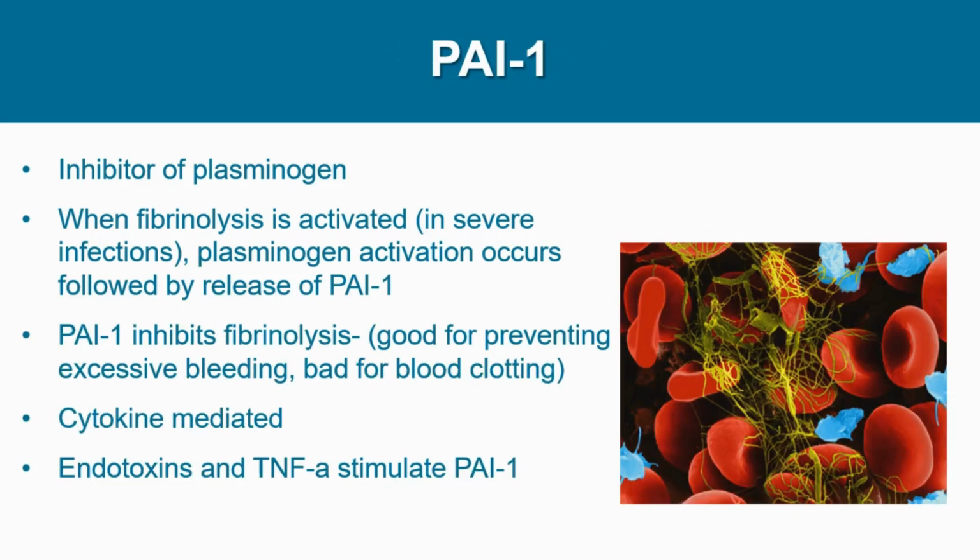So plasminogen activator inhibitor 1 is the inhibitor of plasminogen, and it terminates the catalytic activity of TPA by binding to it, and the liver is also involved. It's removed from circulation by the liver. But the biggest thing to understand is it strongly inhibits fibrinolysis, causing a procoagulant situation.